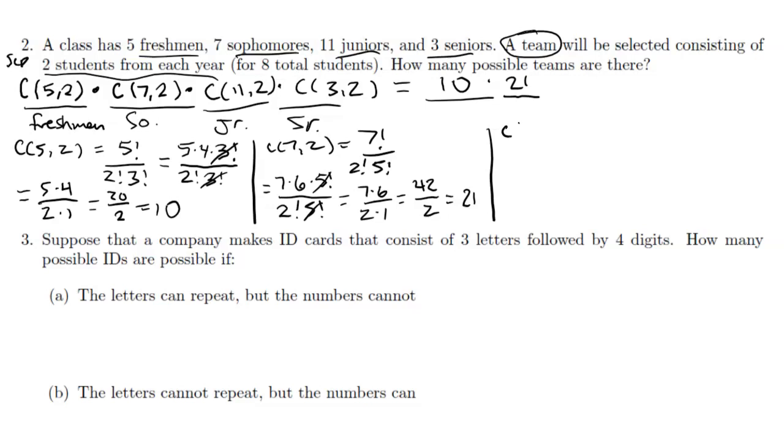And then we're going to have 11 choose 2, so that's 11 factorial divided by 2 factorial, and 11 minus 2 is 9, so 9 factorial. So we're going to have 11 times 10 times 9 factorial over 2 factorial, 9 factorial. We'll cancel those 9 factorials, so we're left with 11 times 10 divided by 2. 11 times 10 is 110, divided by 2 is going to be 55.